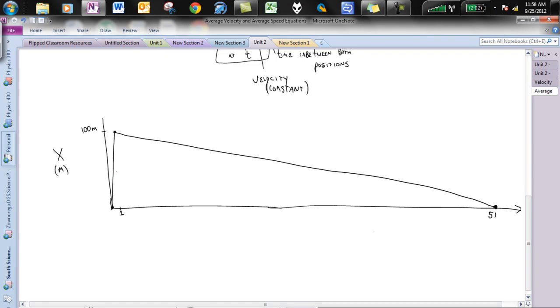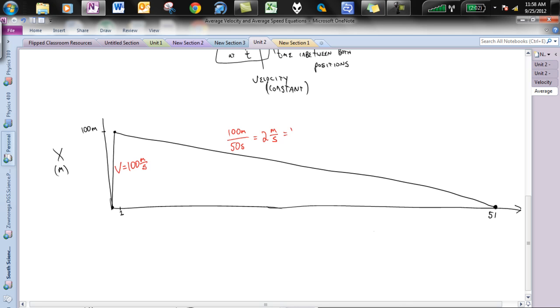I notice that the slope, or the velocity, for this first second is going to be 100 over 1, or a solid 100 meters per second. We are cruising. And then from 1 second to 51 seconds, you'll notice that again I've changed my position by 100, but I've done that over 50 seconds. And my velocity is going to be 2 meters per second.